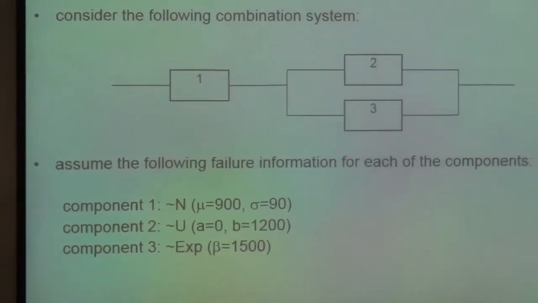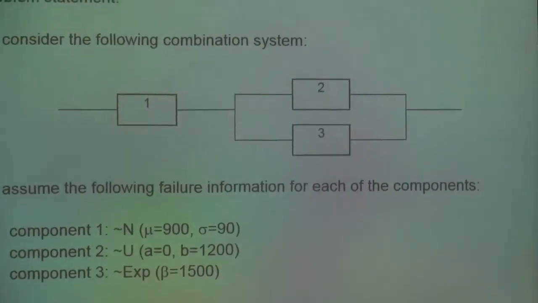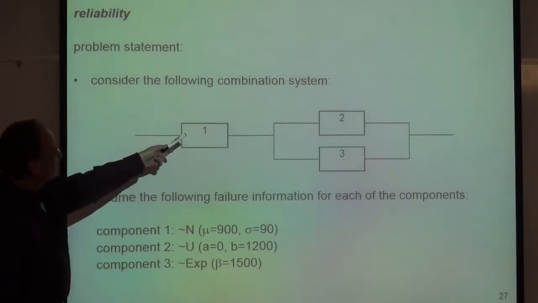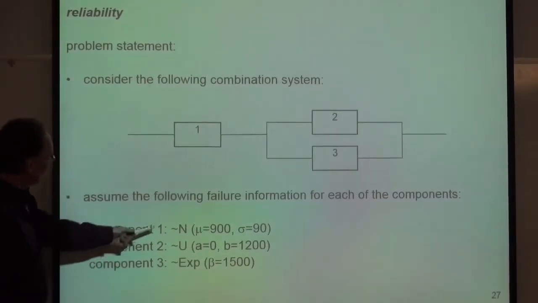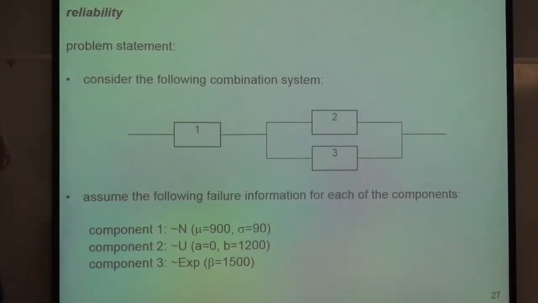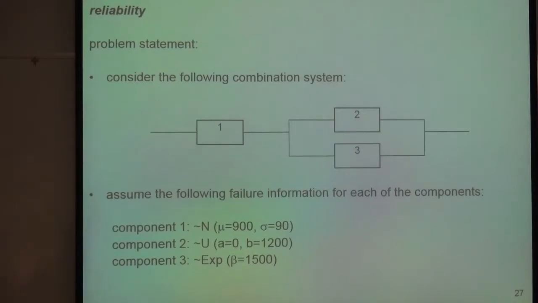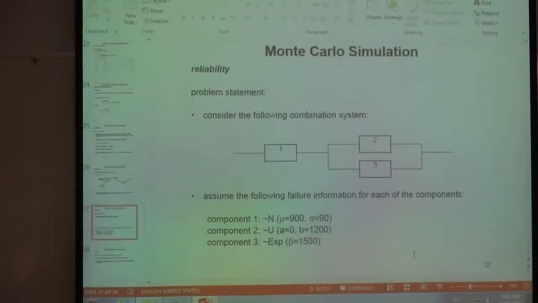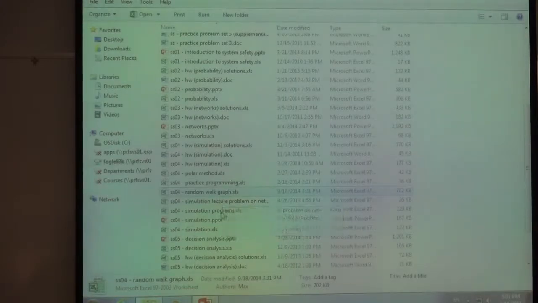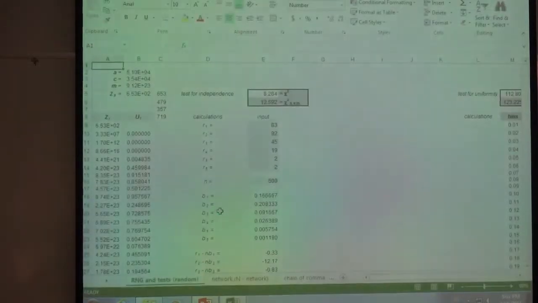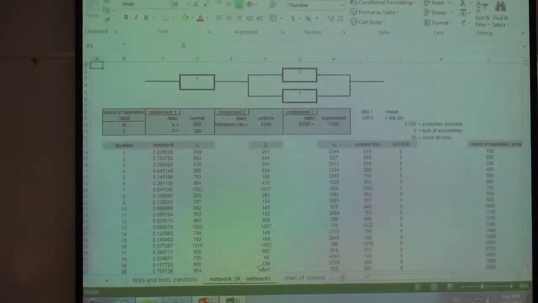So, I also set up something that you can solve, as we've already seen, analytically. But if we have normal, uniform, and exponentially distributed failure times for each one of the components, we can run a simulation. Let's see what my simulation looks like. There we go.